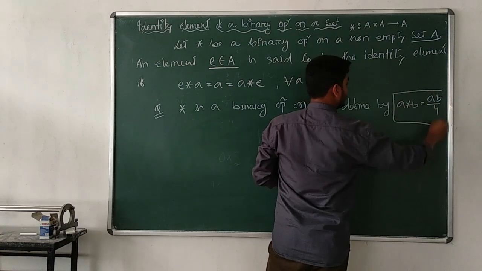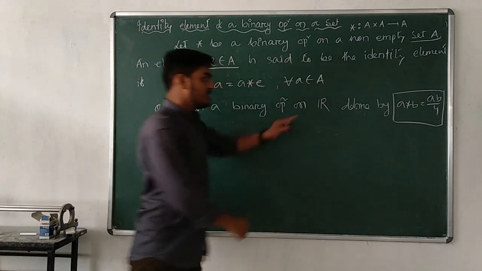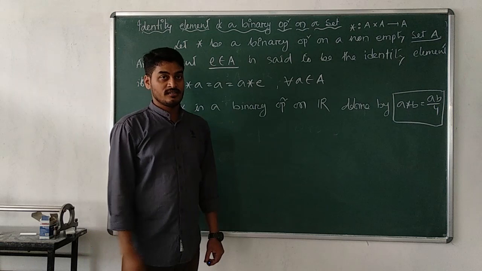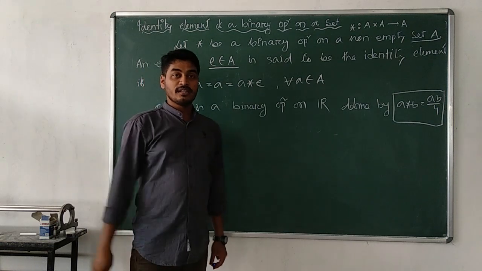Let us consider this is the binary operation. The star is defined like that, a star b is equal to ab by 4. In this way you will get the answers, you will get the corresponding images.